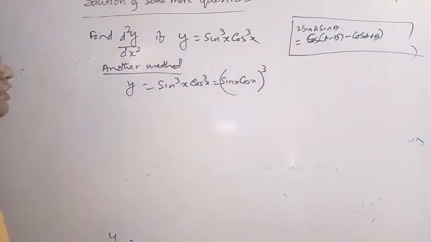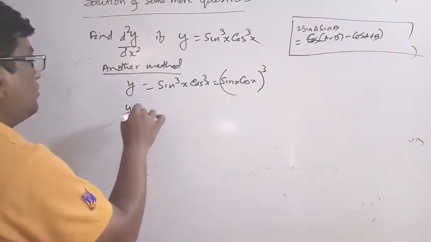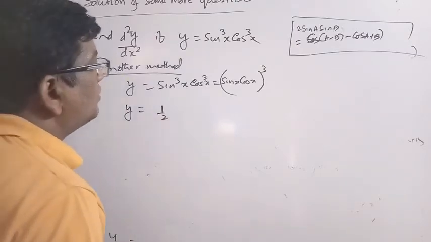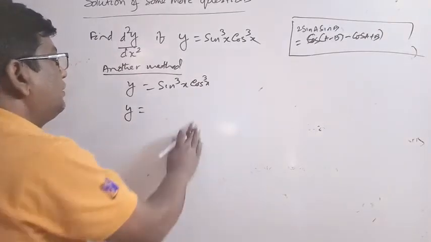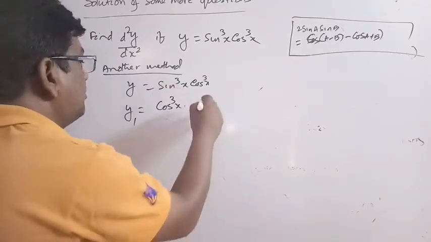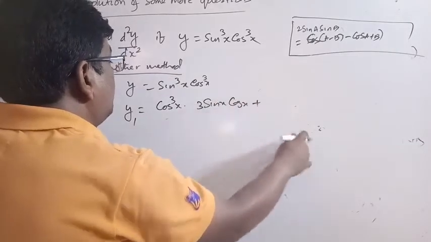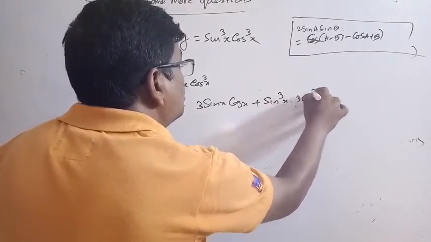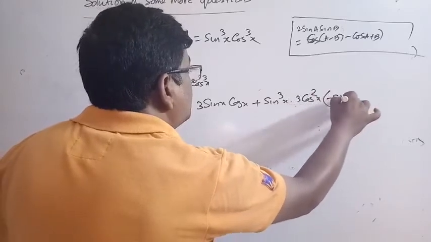Okay, and this is equal to y is equal to 1 by 2, and y1 equal to v du, means cos cube x into derivative of sin cube x, which means 3 sin square x into cos x, plus u dv, sin cube x into 3 cos square x into derivative, this is minus what? Sin x.